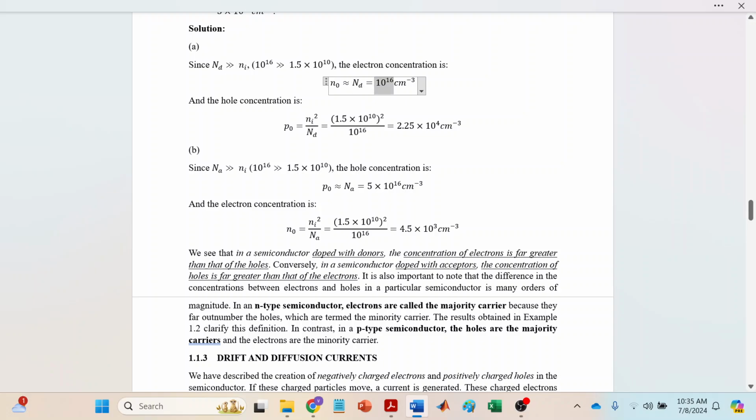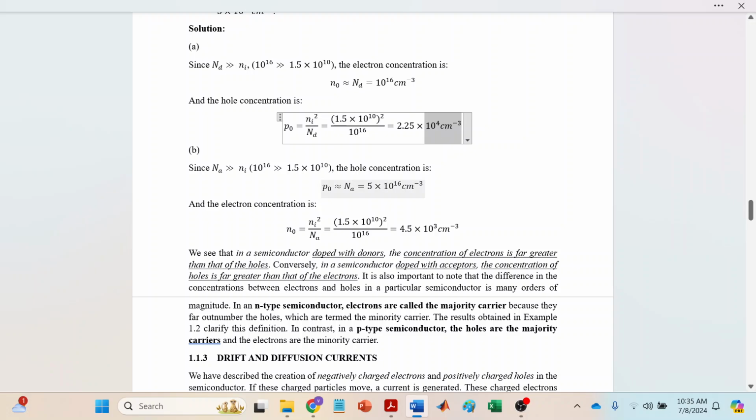Because this number is far greater than this number. So when a silicon material is doped with donor impurity, electrons are the majority carriers, while the holes are the minority carriers because they are few.